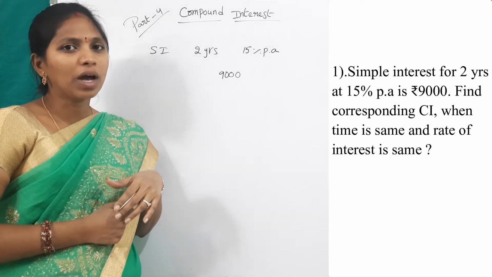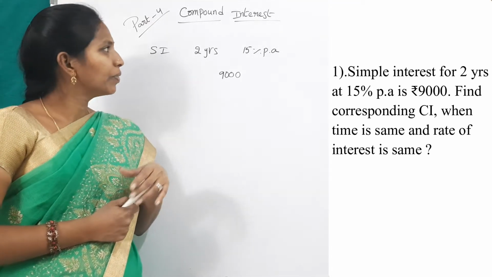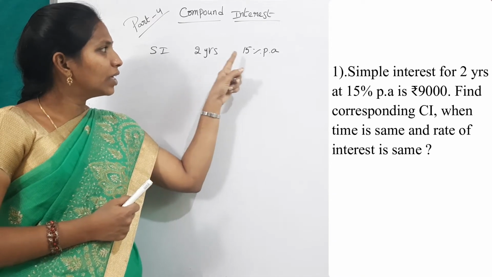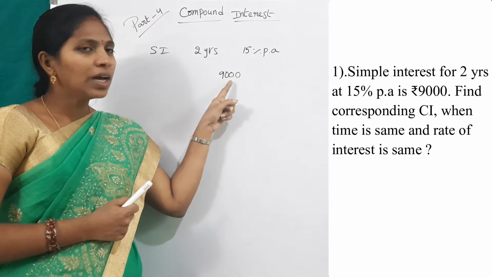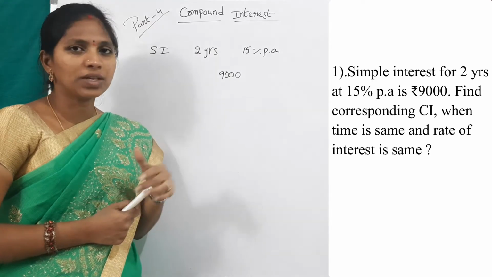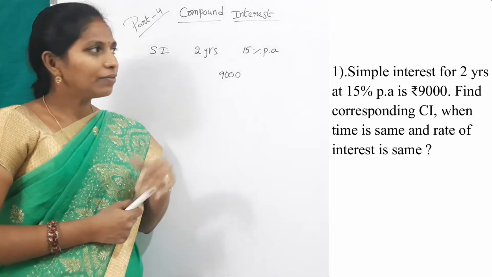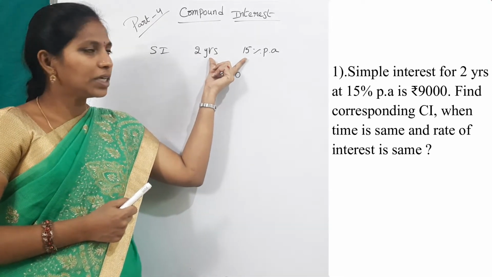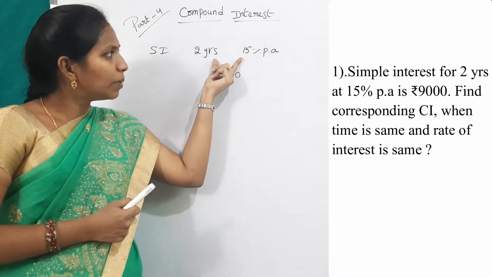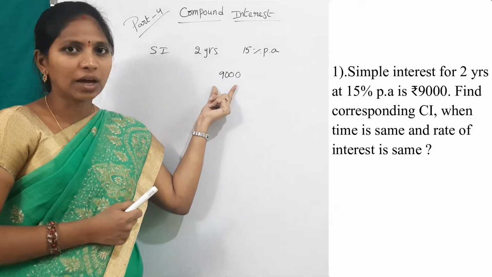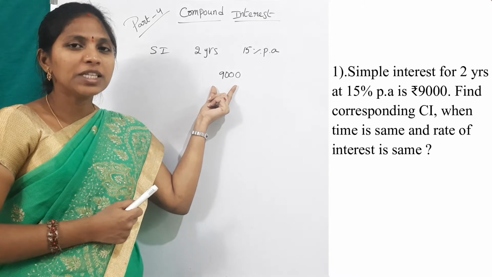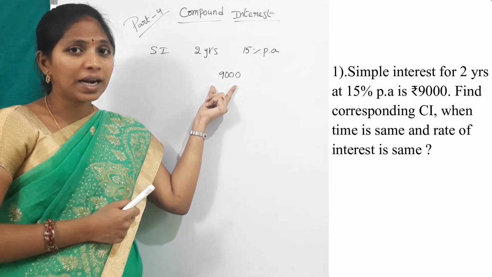Without using formula also we can find out the principal. See here, for 2 years, what is the simple interest? 9,000 when rate of interest is 15% per annum. For 2 years, what is the rate of interest? 30%. 30% is equal to 9,000. Then, principal is always 100%.